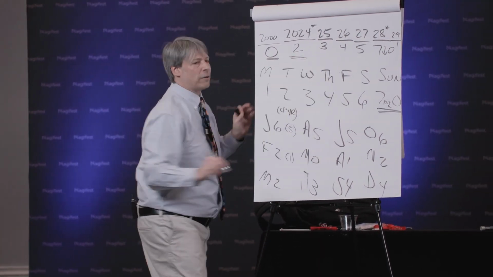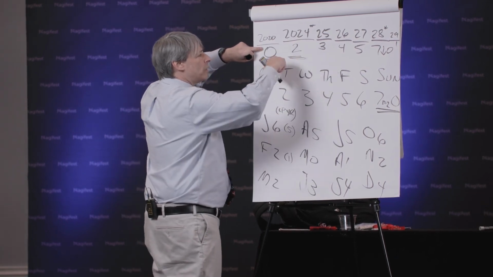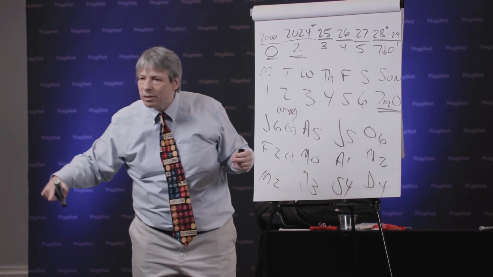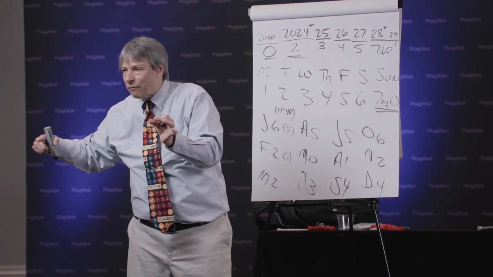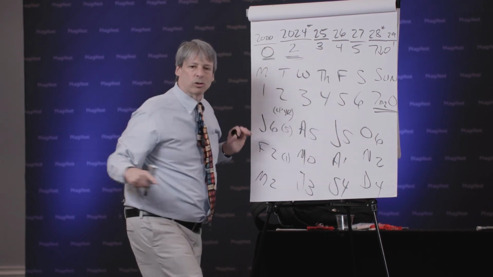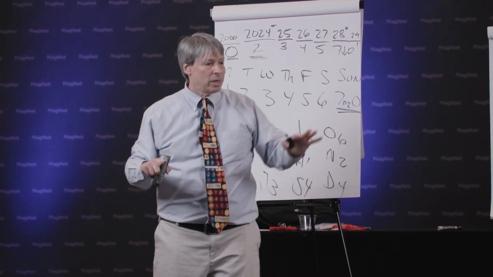Why is 2024 2? Well, if we go 24 years, the calendar is going to shift 24 times, but for some years it's going to shift an extra 1, for those leap years. How many leap years are there between 2000 and 2024? 6 years. 24 divided by 4 is 6.